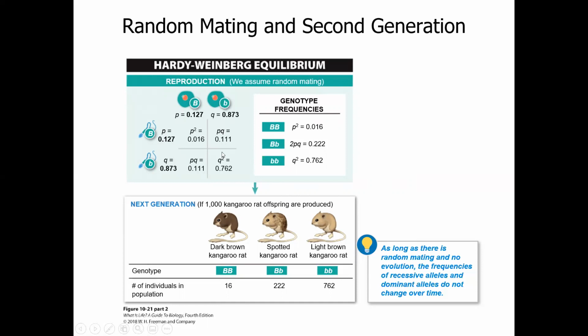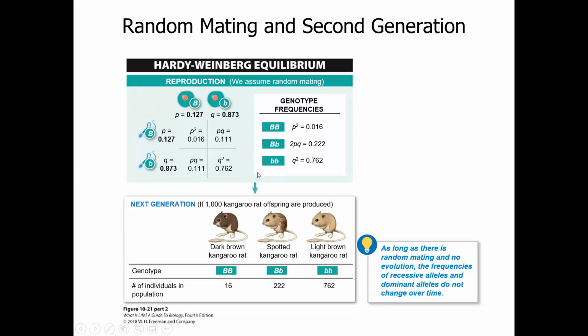We do this in this top right square, and then we do this again in our bottom left square. So we have 0.111 for 1 PQ plus 0.111 for our second 1 PQ. For our heterozygous condition, however, we have to do 2 PQ, which is the sum of 0.111 plus 0.111. So ultimately 2 PQ will be 0.222.